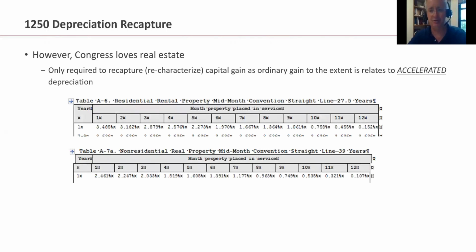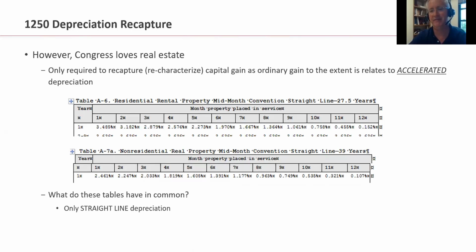Here are our tables for real property currently, right? And this picks up residential and non-residential. So hopefully I put a little circle on these slides. What do they have in common? They are both straight line. Residential rental property, mid-month convention, straight line.